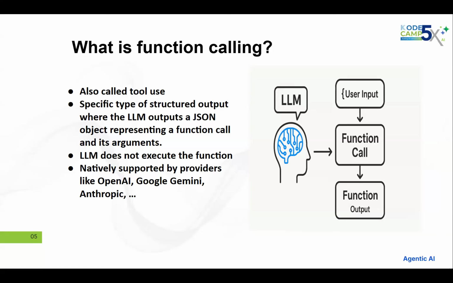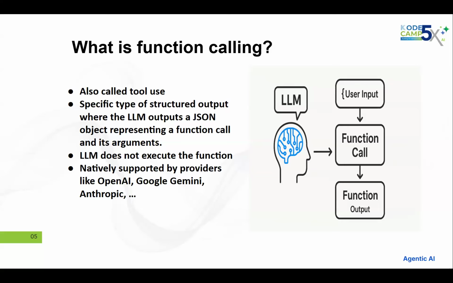Now, it's important to note here that the LLM itself does not execute the function. All it outputs is that JSON object representing the function call and specifying the arguments to the function. It is your application, the application that is built around that LLM, that actually executes the function.